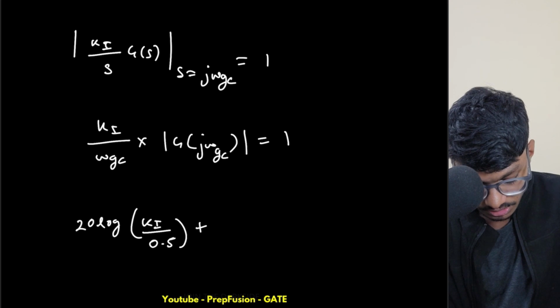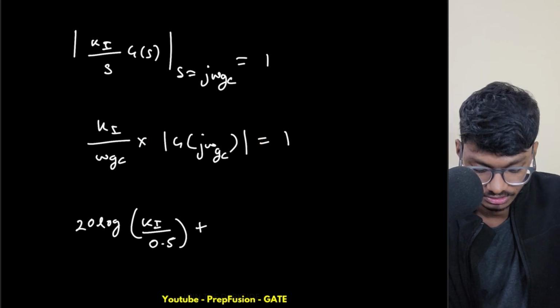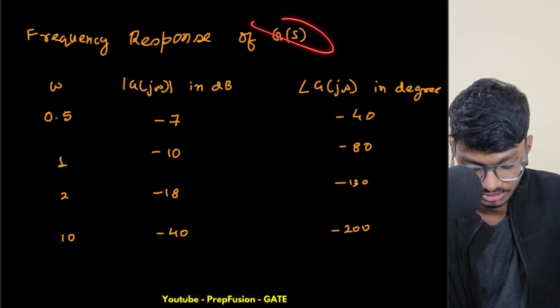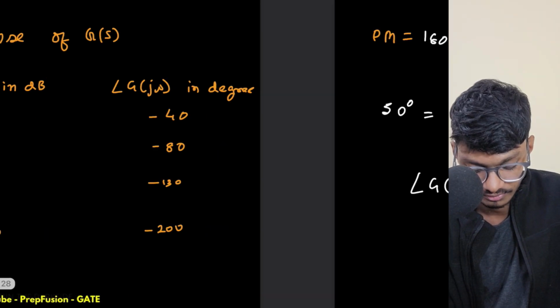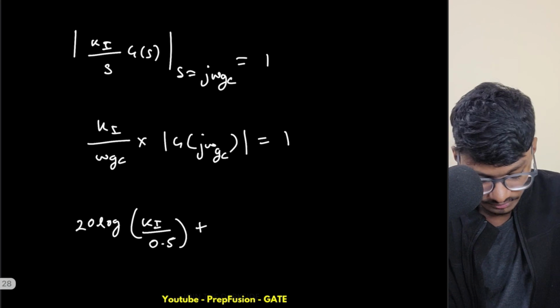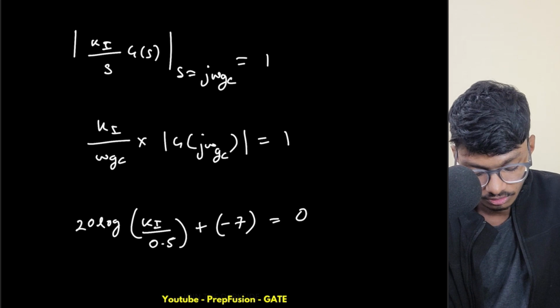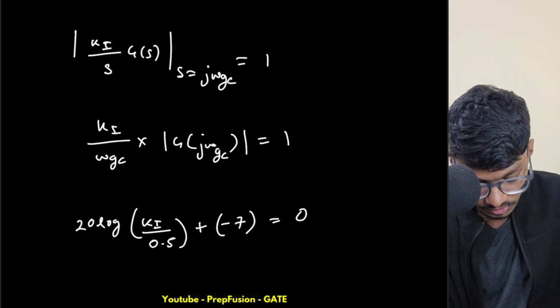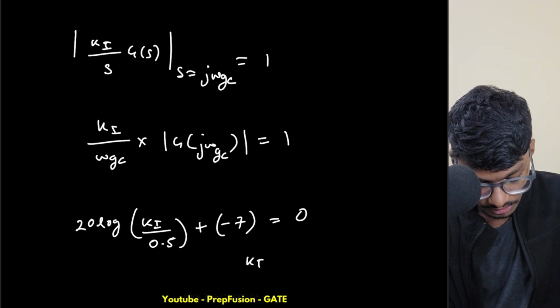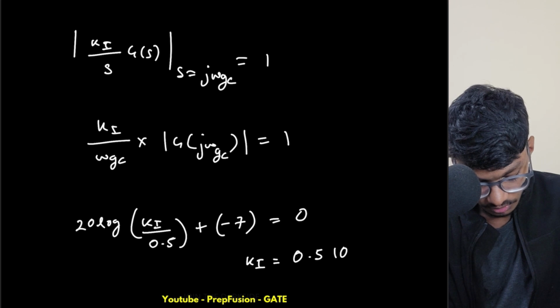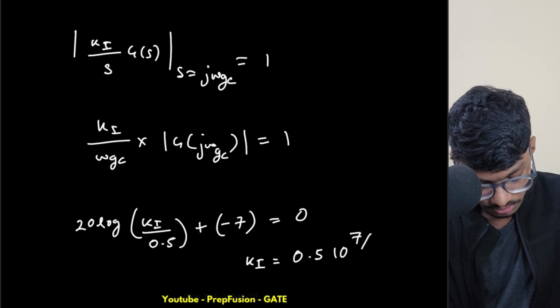Now this is plus, in dB, 20 log of the magnitude of g at omega gc. We already know this magnitude, which is minus 7. They have given us minus 7, so this will be minus 7 dB, and the right side is 0, since 20 log base 10 of 1 is 0. Now Ki equals 0.5 into 10 raised to the power 7 by 20.